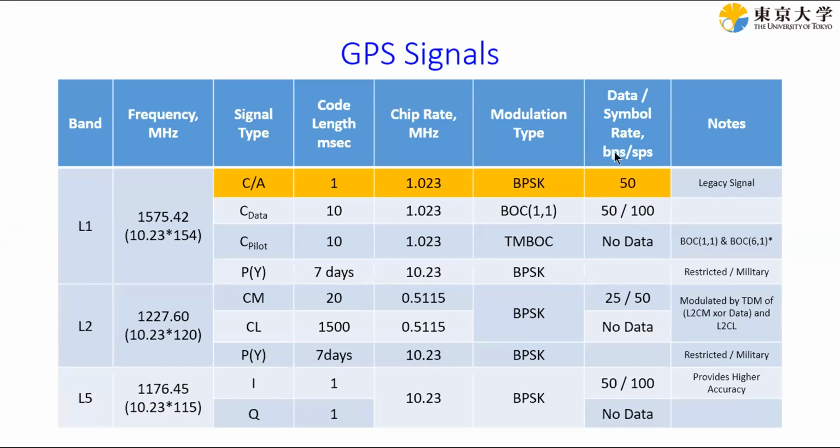And here, this BPS is bits per sec, and SPS is symbols per second. It means for some signal like L1C here, for this data they use an error correction technique. So if they have an error correction technique, the rate increases twice with this technique.